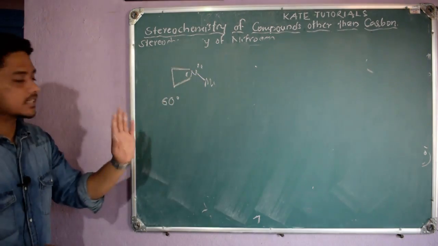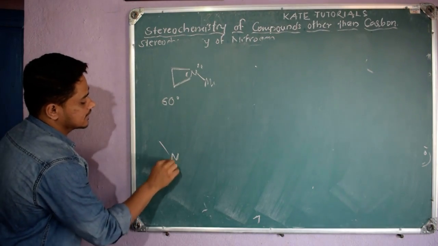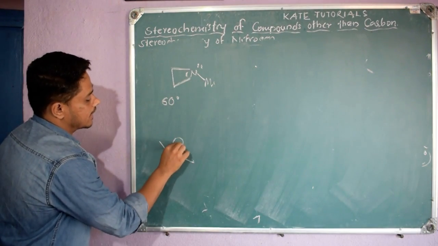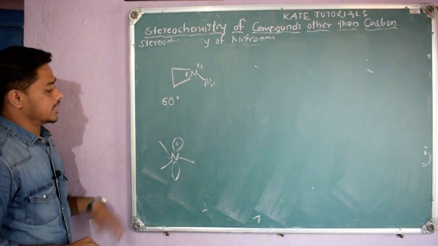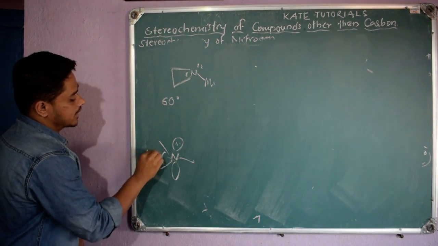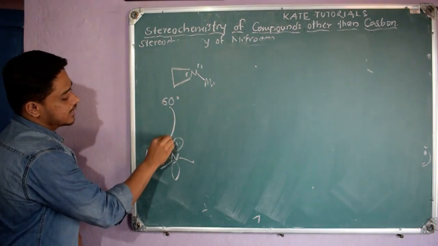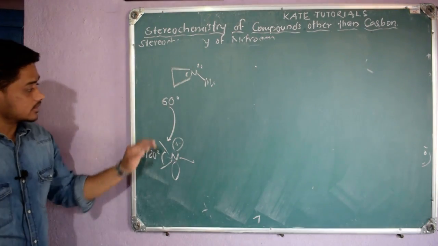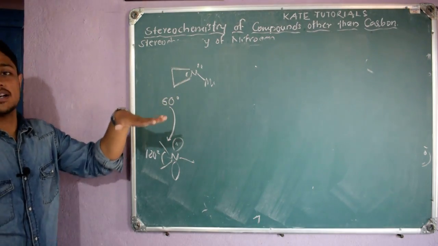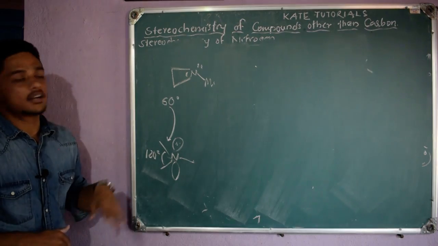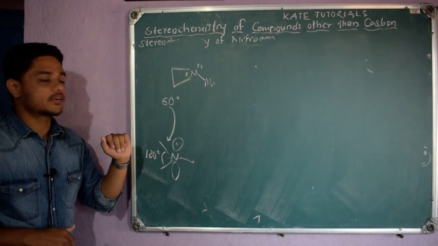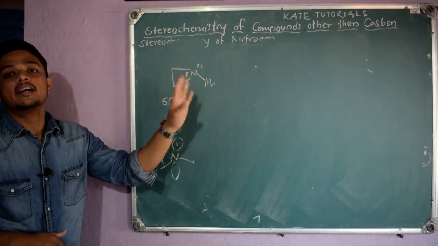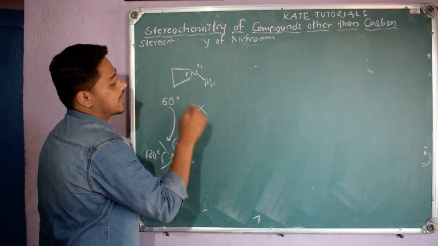In inversion it should come to a planar stage like this, where the bond angle is 120 degree. So from 60 to 120 degree, if it comes to planar, the ring will break, right? So it won't undergo any inversion, no pyramidal inversion.